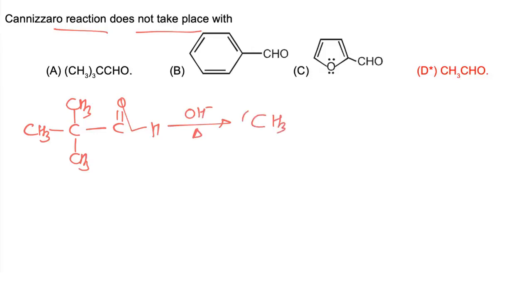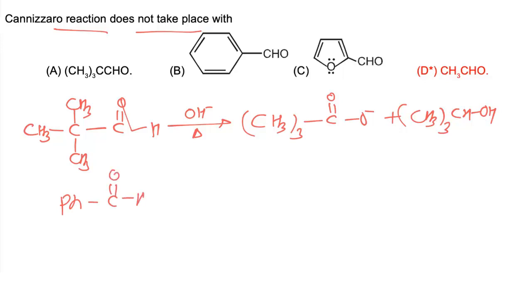So it will give the Cannizzaro reaction, C=O negative and (CH3)3CH2OH are formed. Now in the second case, when benzaldehyde is treated with OH negative, it will give one molecule of alcohol and one molecule of acid.